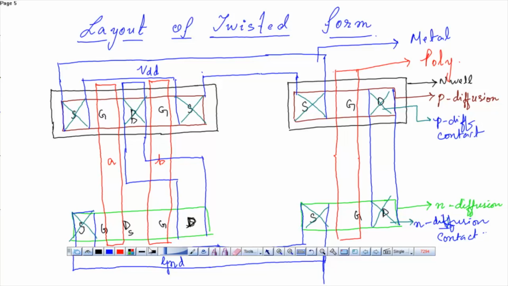Now, similarly, some more contacts are placed over here in the VDD and ground.